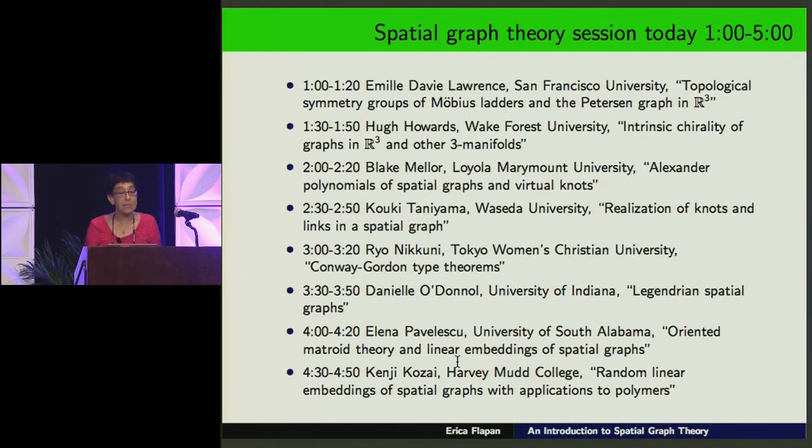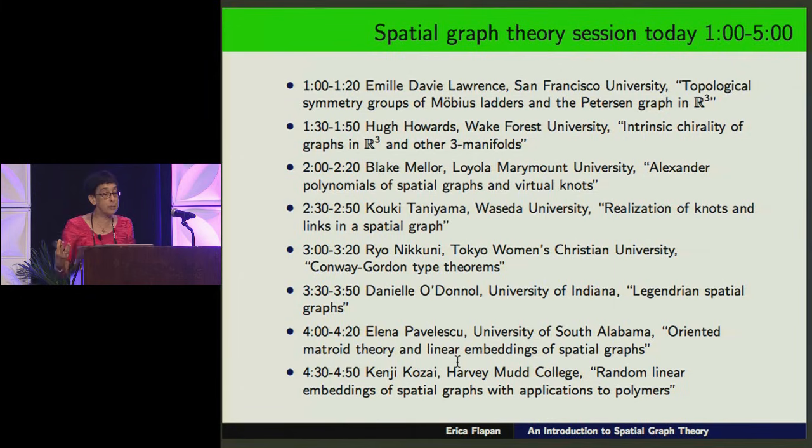And say that you should all come to our spatial graph theory session today from 1 to 5, where I've listed all of these talks that we're going to have. And you can see some words that we've already started explaining here, like topological symmetry groups and Möbius ladders, which Emille Davie-Lawrence is going to talk about, and intrinsic chirality, which we've talked about, but now we're looking at it in R3 and in other 3-manifolds, which Hugh Howards is going to talk about.